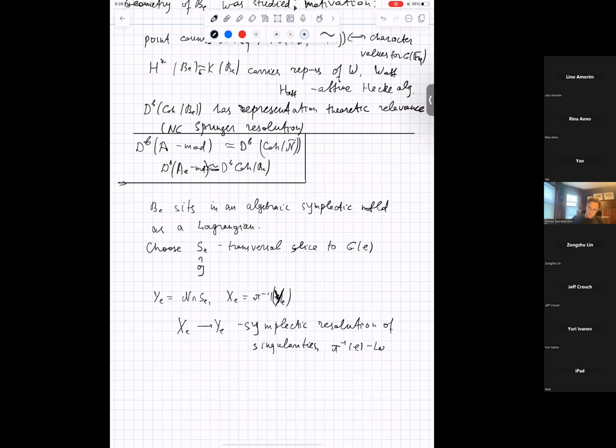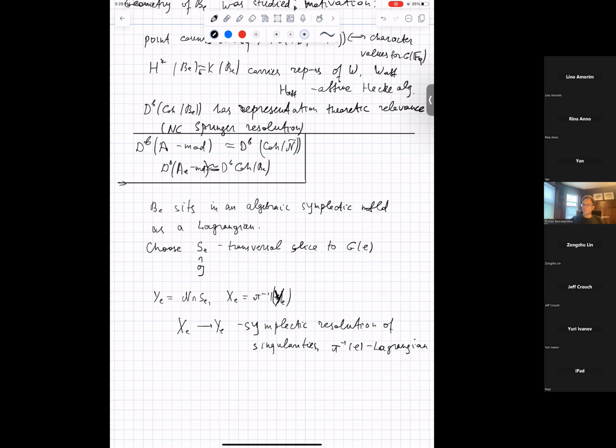So pi inverse of e is Lagrangian. Roman, I'm a bit confused because you mix in finite characteristic. No, here the characteristic is zero, really. I have no idea what you call an algebraic symplectic manifold when characteristic is not zero. Well, first, here characteristic is zero, but on the other hand it's a completely algebraic notion, and you can also do it. I don't know what definition you use in finite characteristic, because you have a non-degeneracy condition.